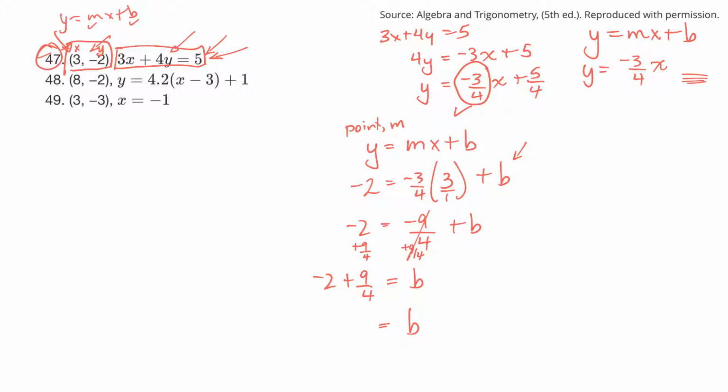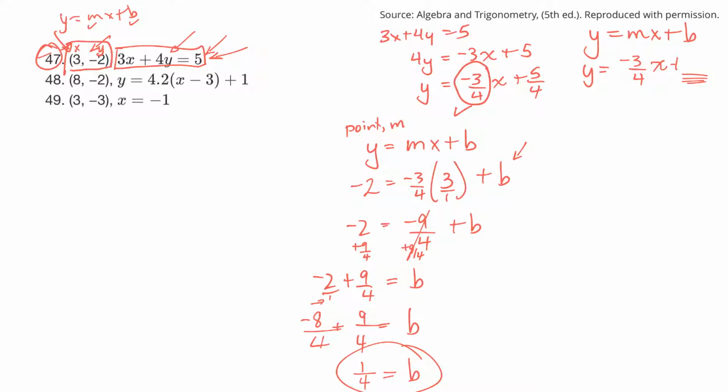So b is equal to, and I could do this on the calculator, -2 plus 9/4, or you could get a common denominator. Common denominator would be 4. And so if I multiply the bottom by 4, I have to multiply the top by 4, so that'd be a -8. -8 plus 9 would be 1, so the y-intercept is 1/4.